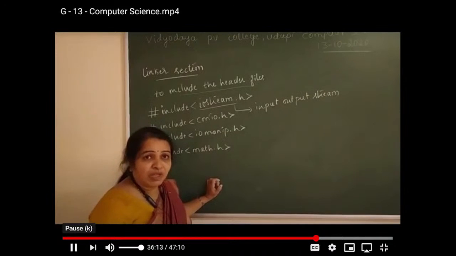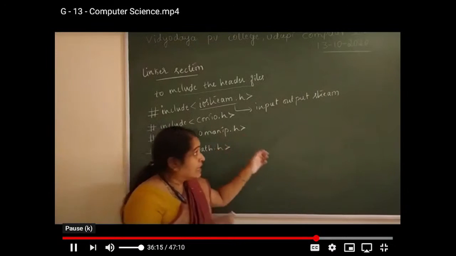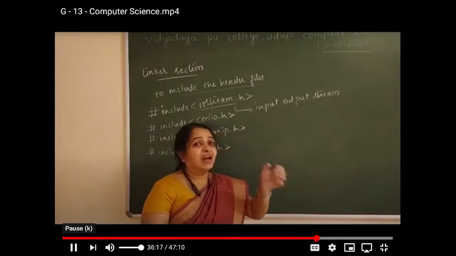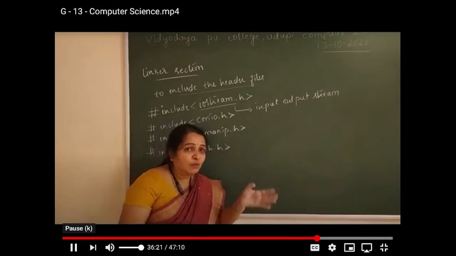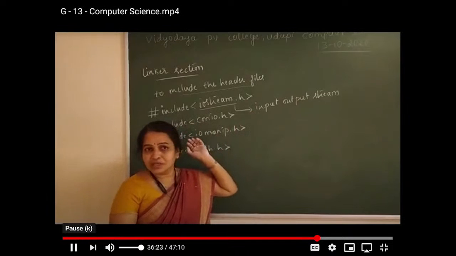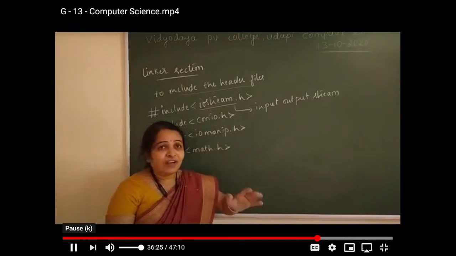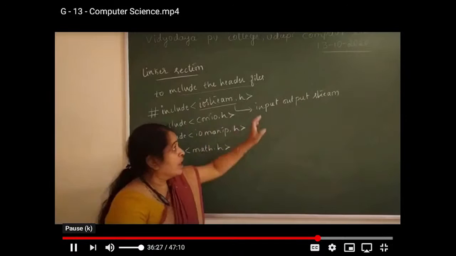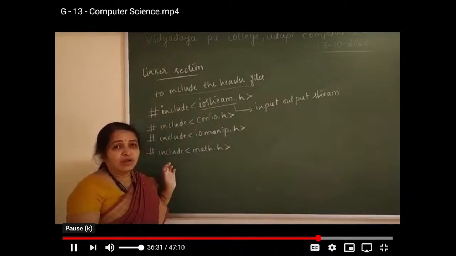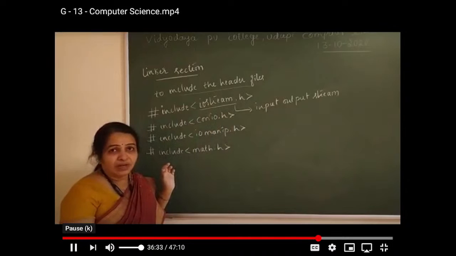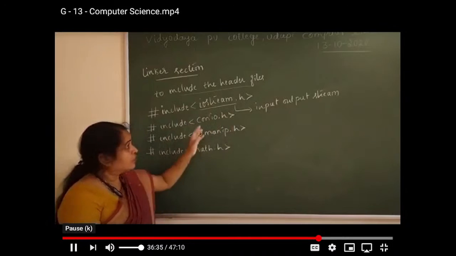What is the meaning of this? It will get the functions that are needed for the input and output operations. Clear? The functions that are needed for input and output operations are present in the iostream.h header file. Okay? That is why you have to include this.